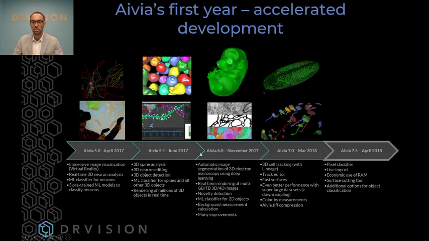Then we took quite a bit of time to develop Aivia 6, several months, I think 4 or 4.5 months. And that took that time because we were working on two major features. One was the first and still the only commercially available deep learning deployment for image segmentation of electron microscopy images. And we focused on detecting neurons and dendrites.